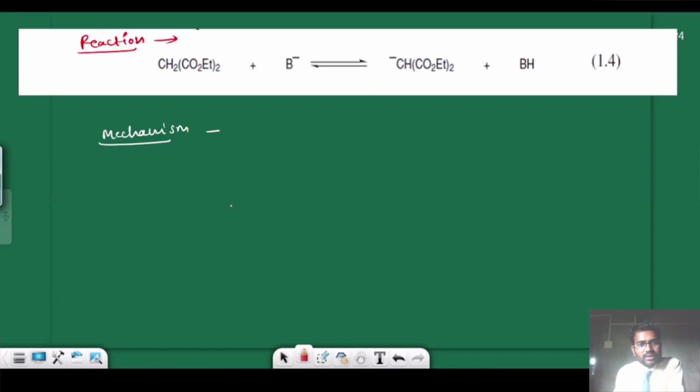So in this book they have given this particular active methylene compound, which we already discussed. We have generated the mechanism of this particular reaction.